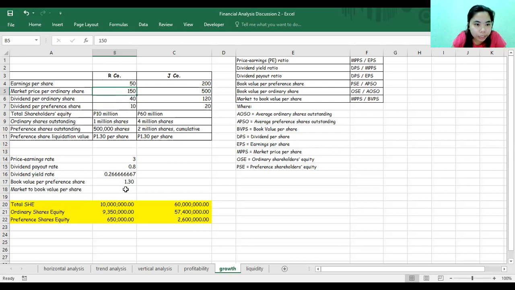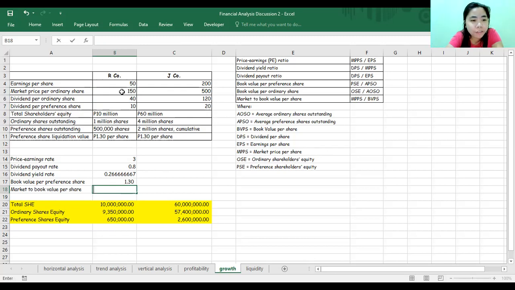Oh, it's ordinary. We're dealing with the ordinary share. We don't have a market price for preference share. So in here, market to book value uses the market price for ordinary share. Sorry, class, I can't edit it anymore. Market to book value, it's MPPS.